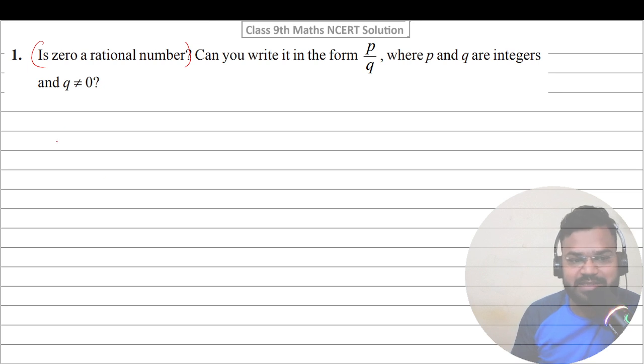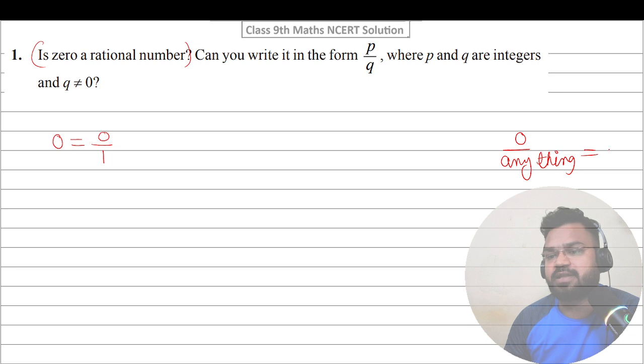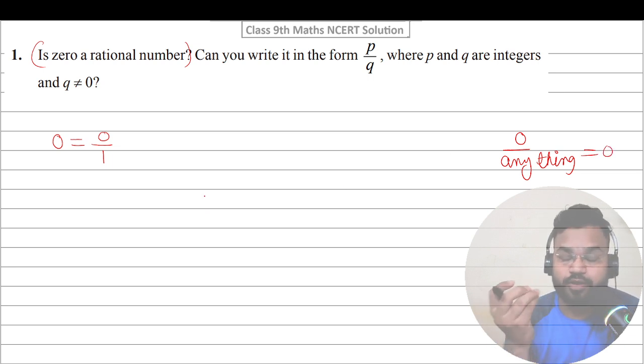So in this case, why will 0 be a rational number? Because 0 can be rewritten as 0 by 1. Yes or no? 0 by anything is equal to what? 0. When you divide 0 by any number, you will get 0 again.